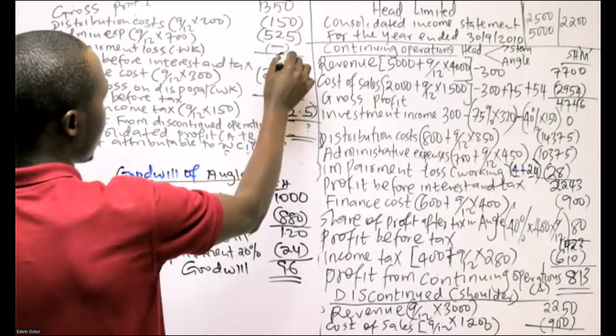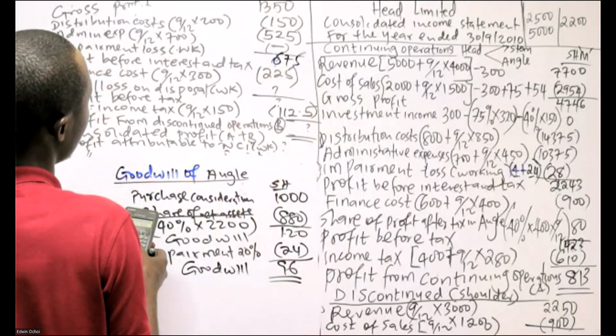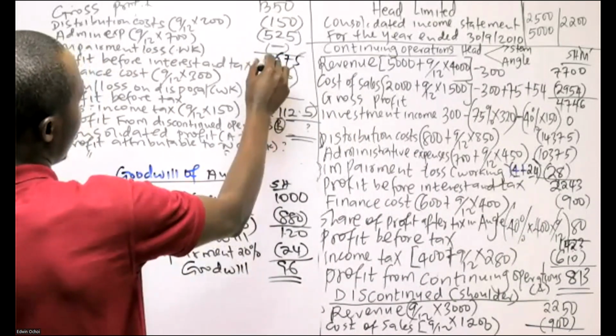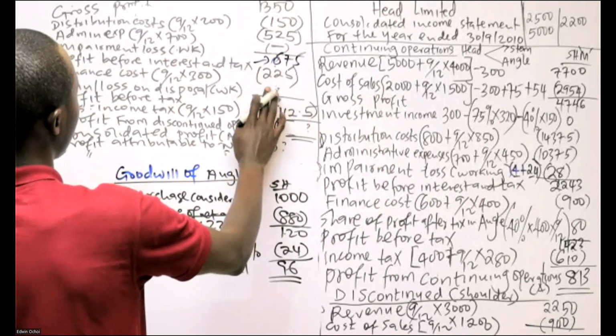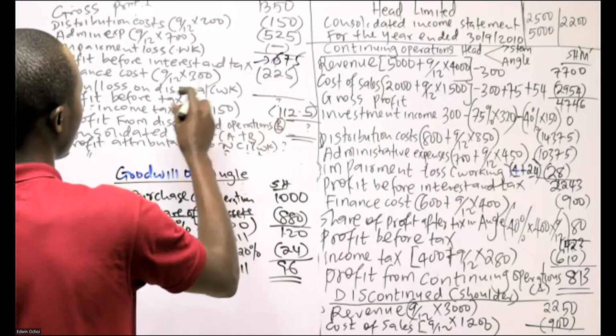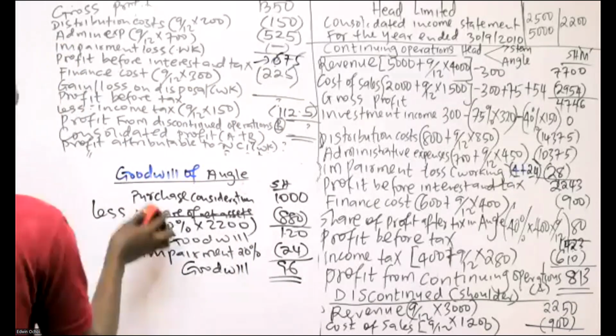This is 675. This one, I cannot minus this because I don't have this. So gain or loss on disposal. Let's compute that. Gain or loss on disposal.